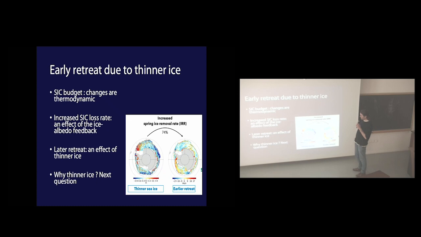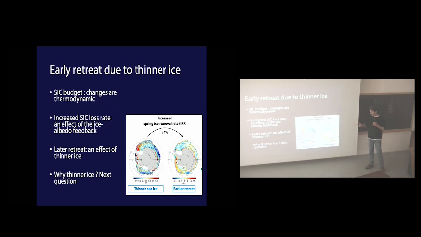We also see that the thermodynamic term is changing over the recent period. The sea ice concentration loss rate is increasing, which we argue is an effect of the ice albedo feedback. I won't go into the details, but the analysis really illustrates that the later retreat is an effect of thinner ice.